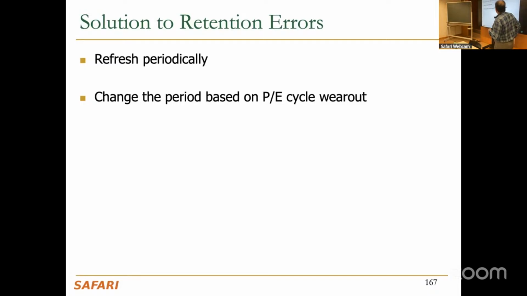You can change the refresh period based on the PE cycle wear out. When your cell or block is still young and you don't have that many PE cycles, you can refresh less frequently. But when your device is quite aged, for example, you have 10,000 PE cycles, then you might want to refresh more frequently, just to make sure that your device is working correctly.